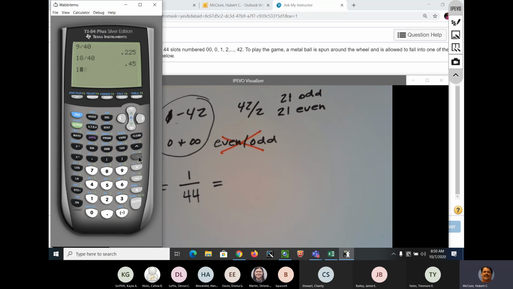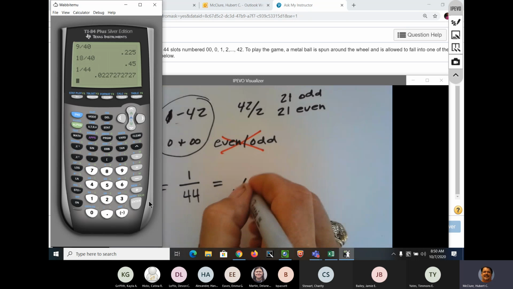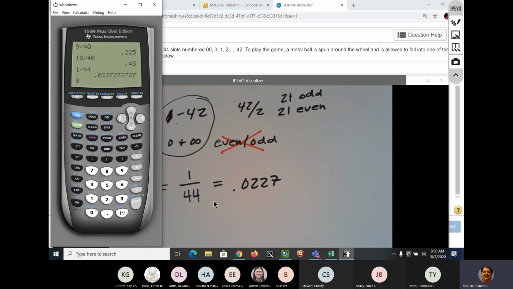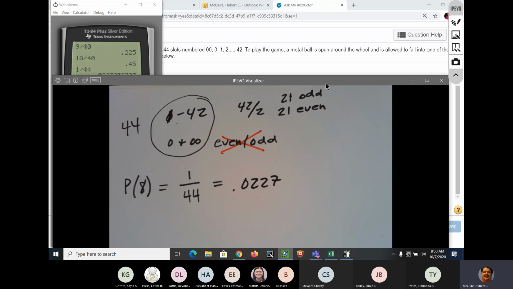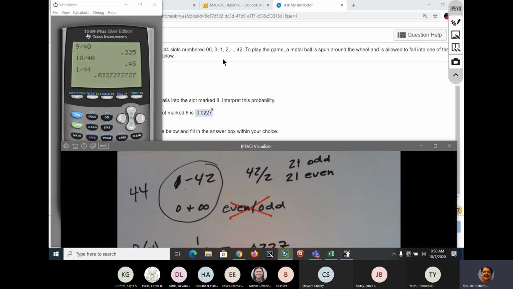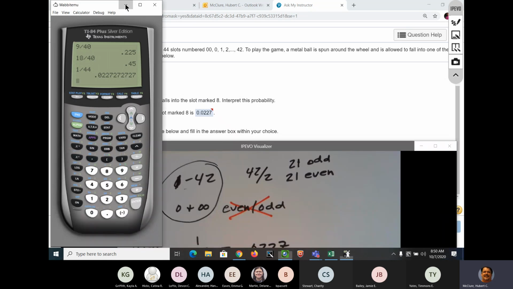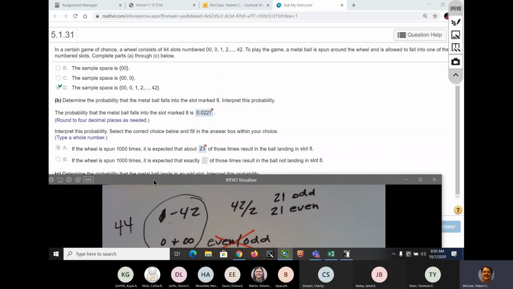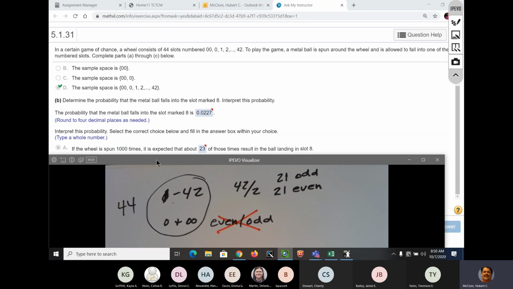I got 0.0227. And that's what they got. If you spin the wheel 1,000 times, move the decimal 3 places to the right. 22.7, so 23 of those are going to fall on 8.